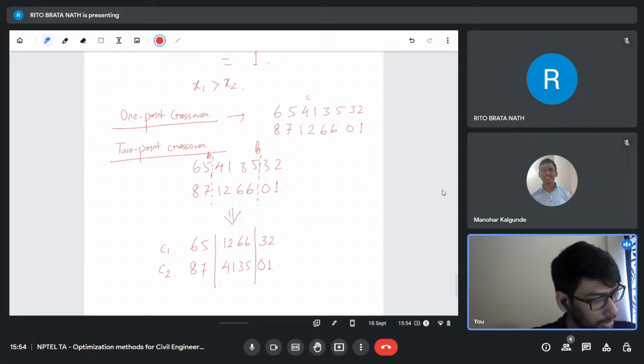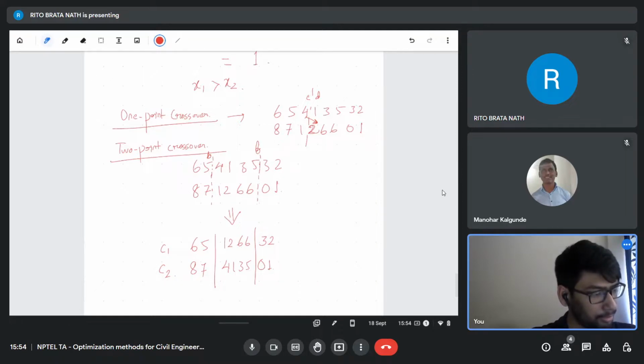Suppose I'm saying that between C and D, you cross over this thing with a single point crossover. For that, this C will come here in this place, so that will be 871, then it will be 4.